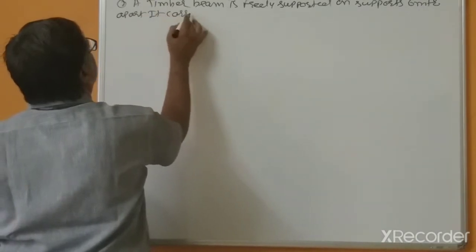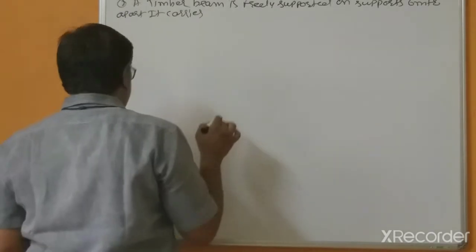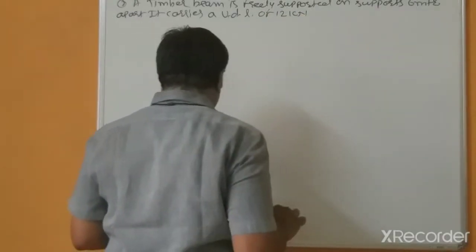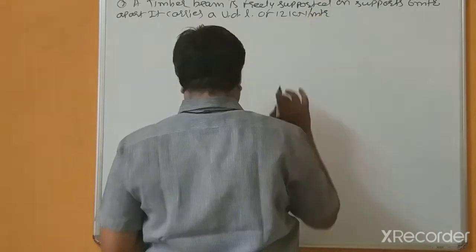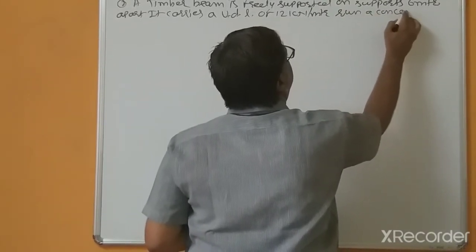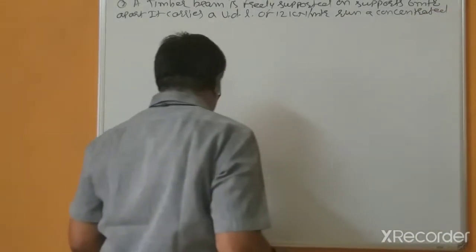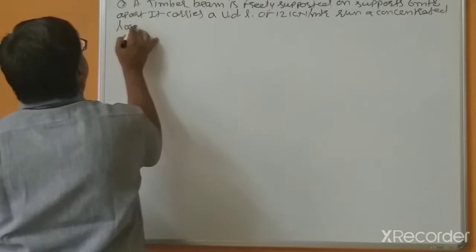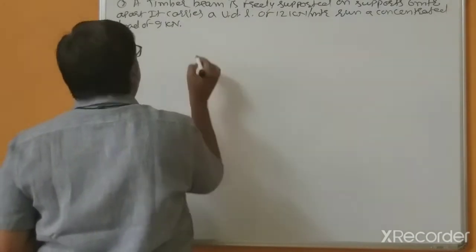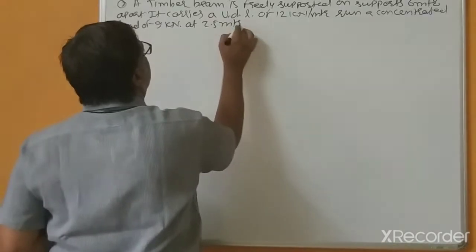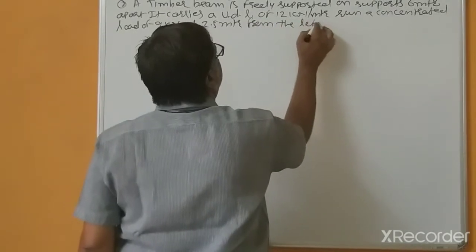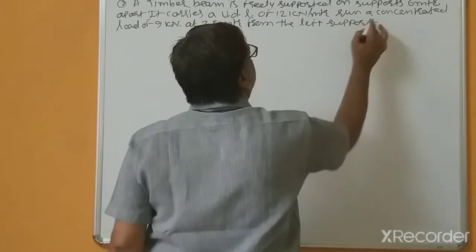It carries a UDL of 12 kilonewton per meter run, and a concentrated load of 9 kilonewton at 2.5 meters from the left support.